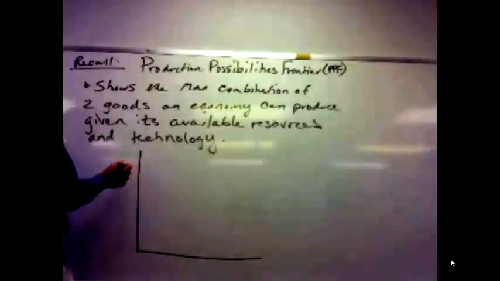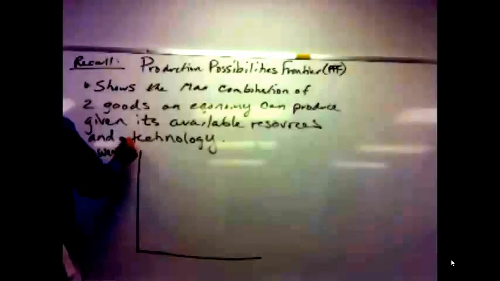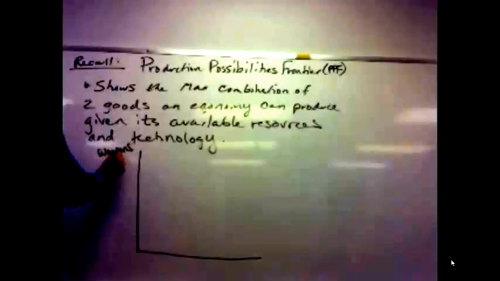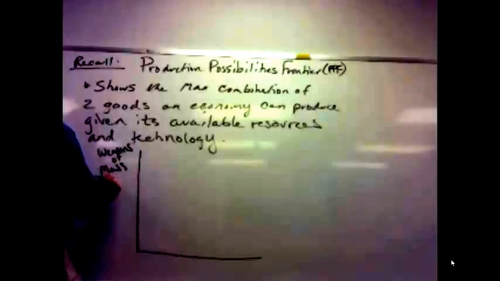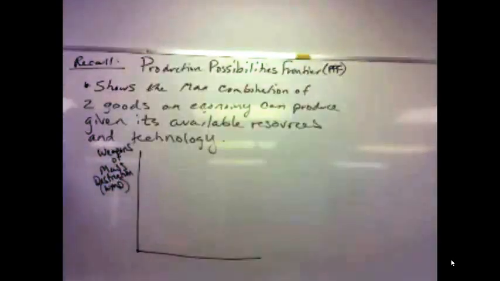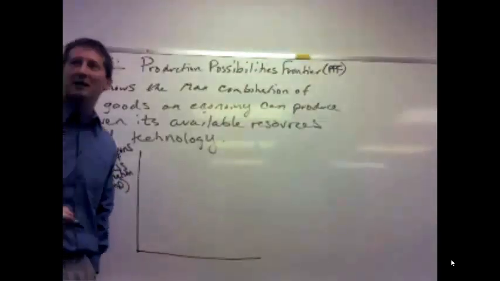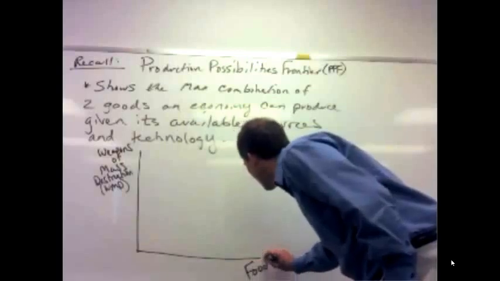Maybe we've got weapons of mass destruction. So WMD, we need some of those to kill the bad guys and protect our country. And then we need some food to eat sometimes too.